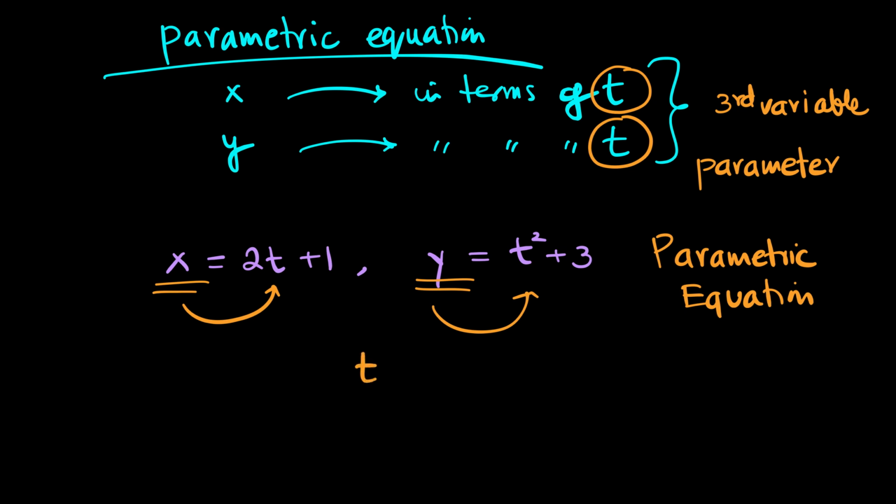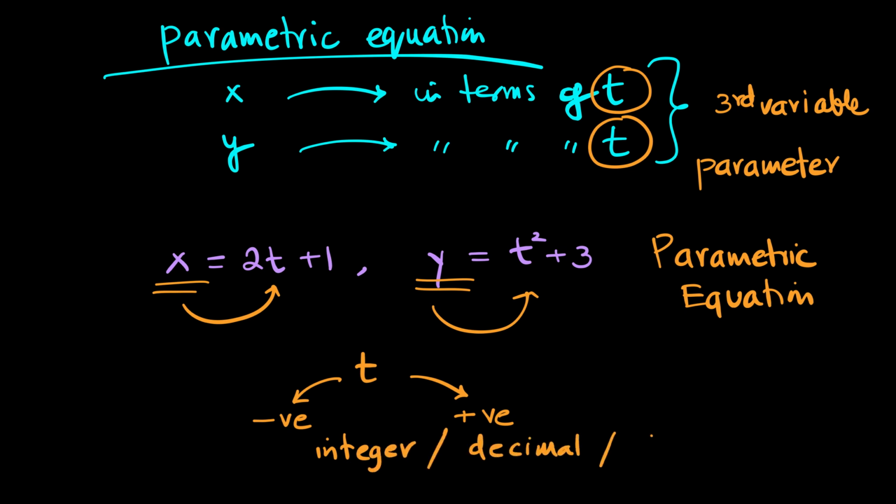Now this parameter t could be negative, it could be positive, it could be an integer, a decimal, or a fraction. Now let's take this pair of parametric equations: x equals 2t plus 1 and y equals t squared plus 3.